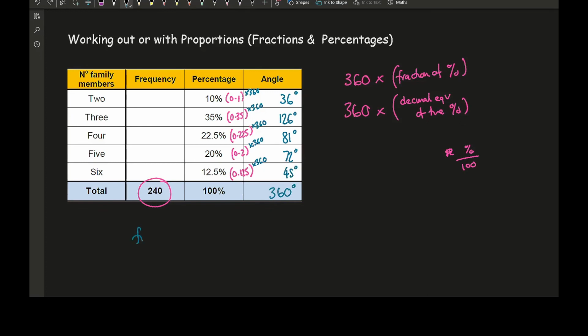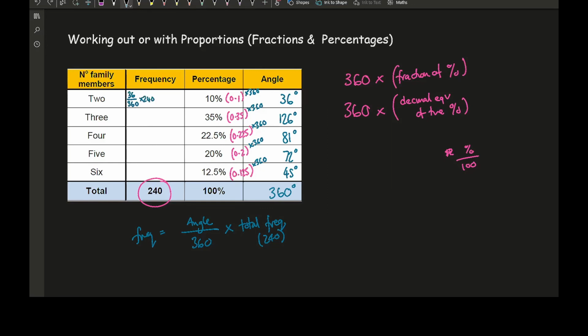Now again, to work out the frequency, what I need to do is the angle divided by 360 multiplied by the total frequency, which in this case is 240. So working out the frequency for the first one, that's going to be 36 divided by 360 multiplied by 240.